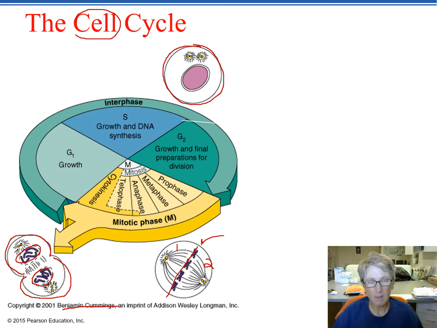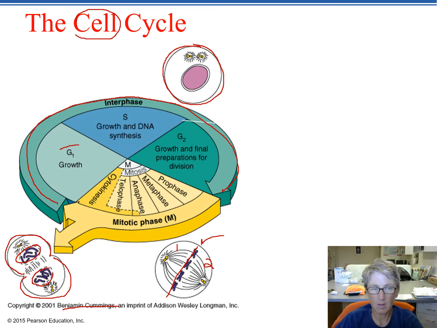So if you are a cell and you're just living your life, you're going through a cell cycle, you have this outer part. This whole outer green arrow is called interphase. And interphase actually has 3 subphases or 3 parts. Interphase has G1 phase, that's where you're growing. The S phase, S stands for synthesis, because you are still growing as a cell, but you're also duplicating or replicating your DNA.